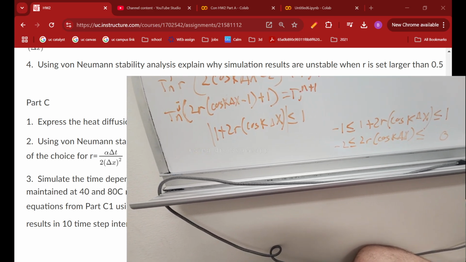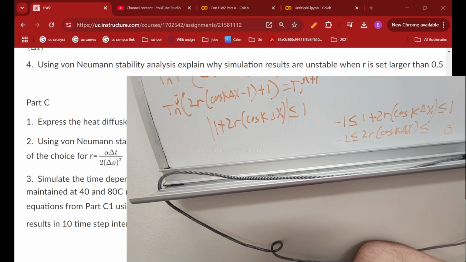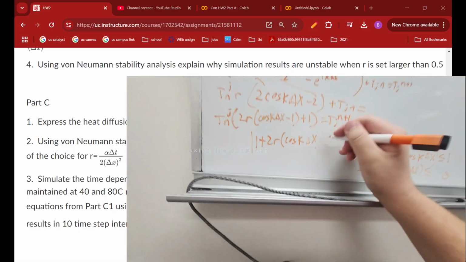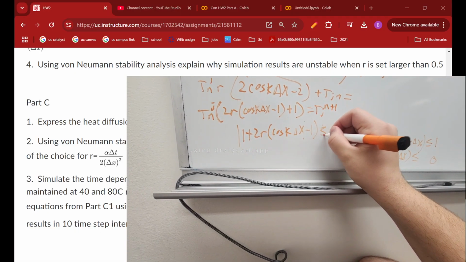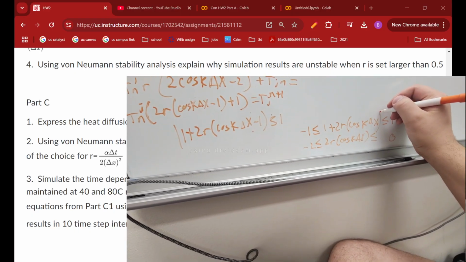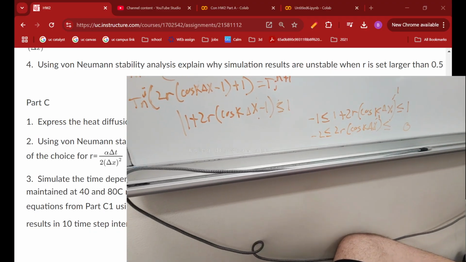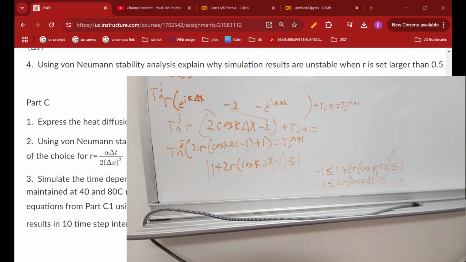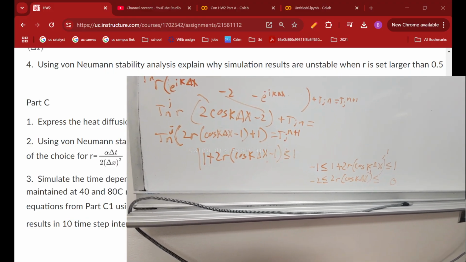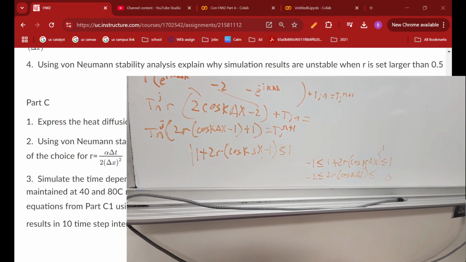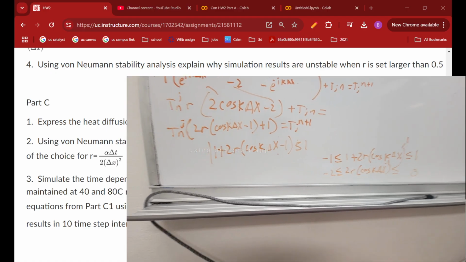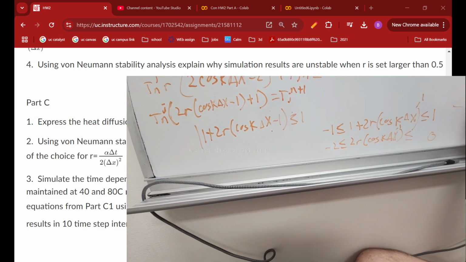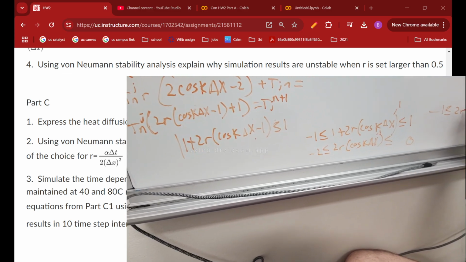And then our next step would be, I lost at minus 1. Then I believe we'd want to divide by 2 to get minus 1, r, not 2.